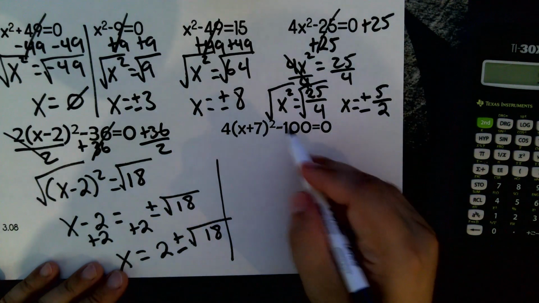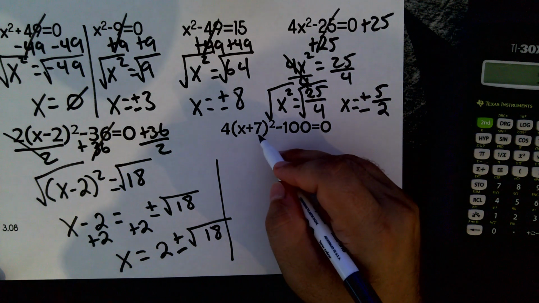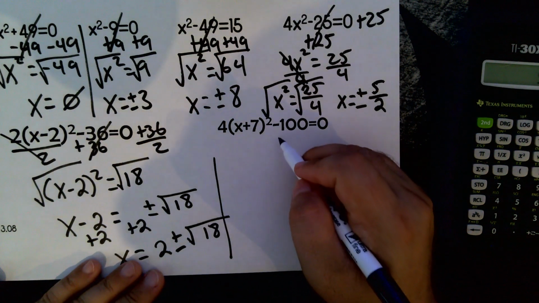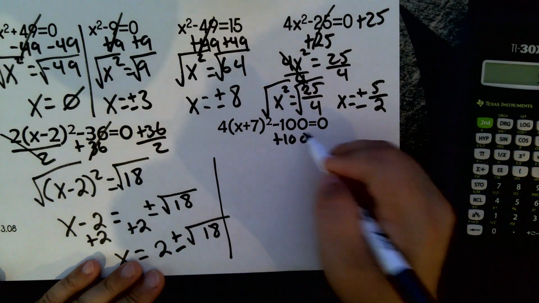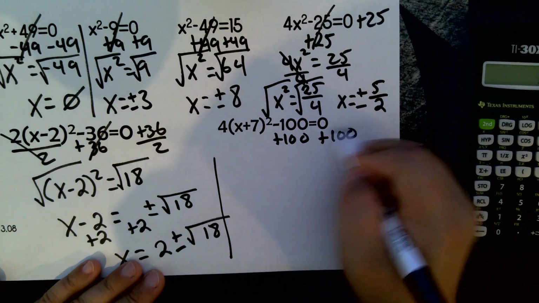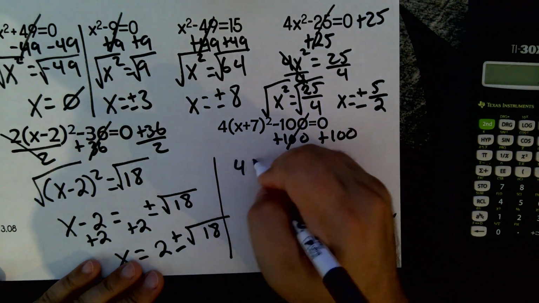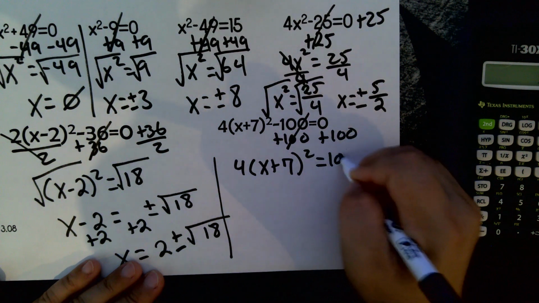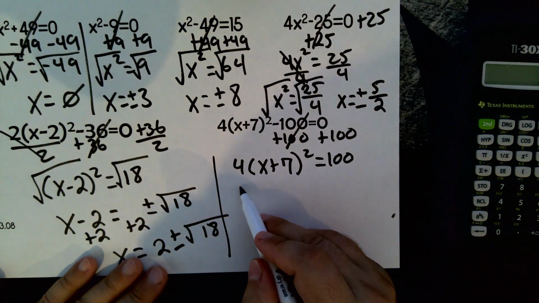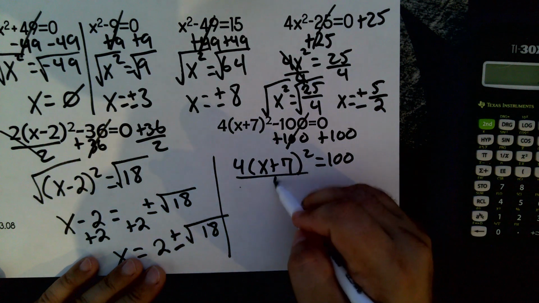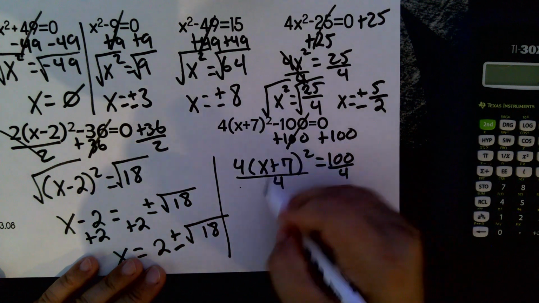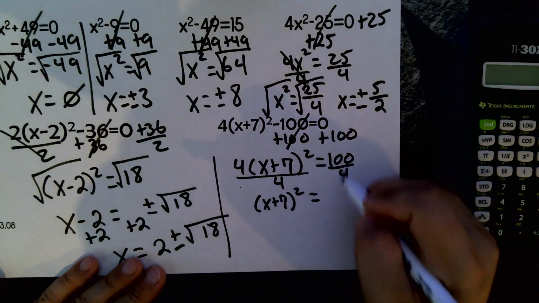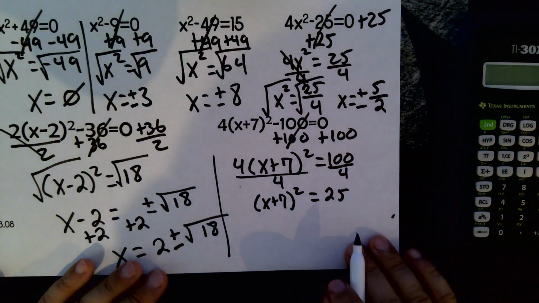All right, last one. 4 times x plus 7 squared minus 100. I'm going to undo the 100 first. We undo subtraction or addition. Undo the multiplication of 4 with division. 100 divided by 4 is 25.